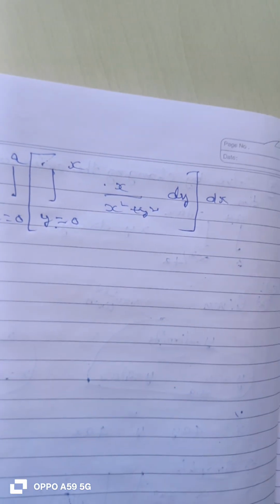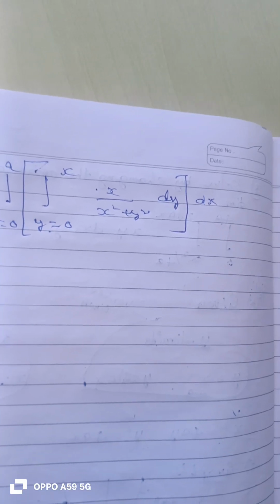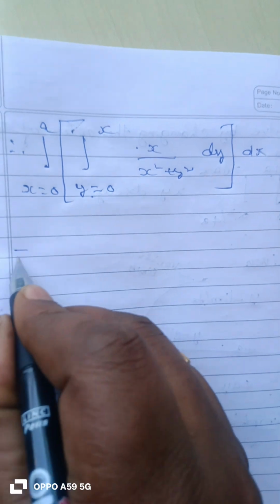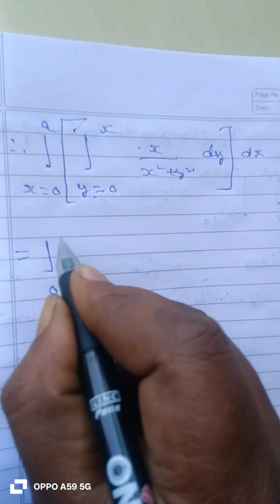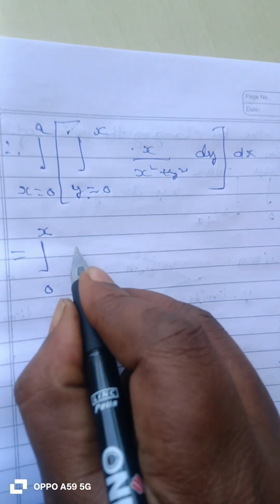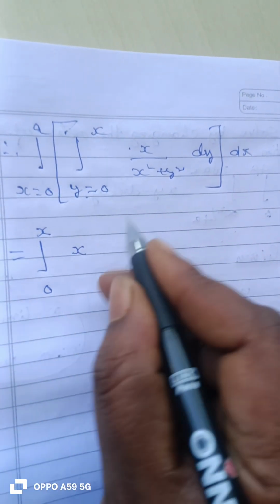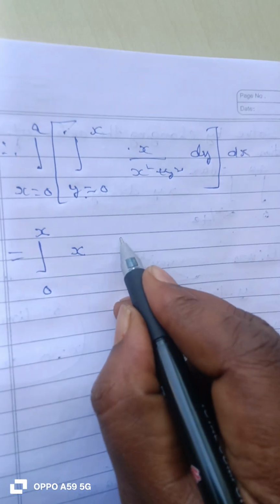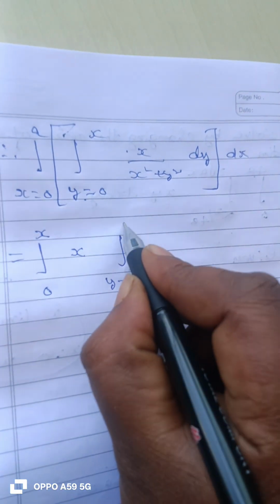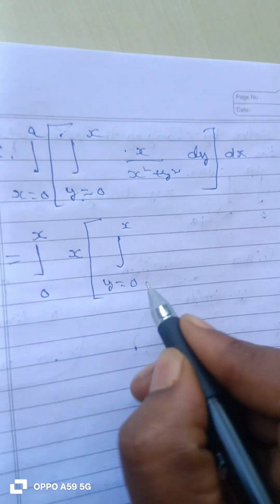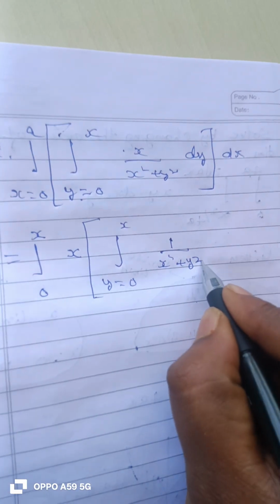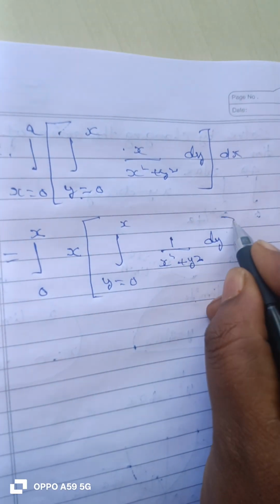To do this integration, first I am writing the limit as it is. Here x I am going to eliminate. In this the y limit is from 0 to x, 1 divided by x square plus y square dy.